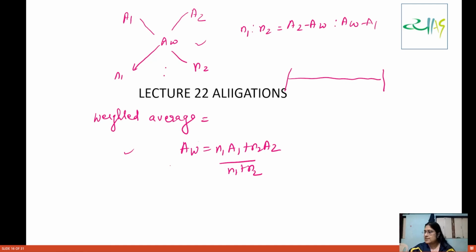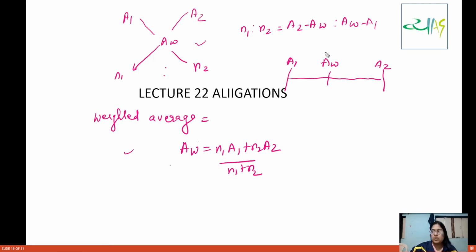What we were doing in this line method is basically that we put our average AW in between A2 and A1.